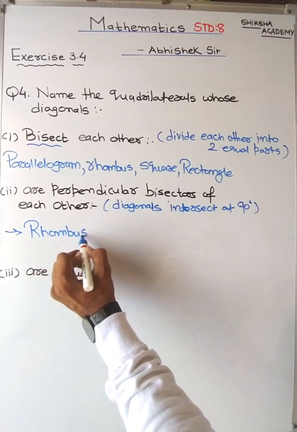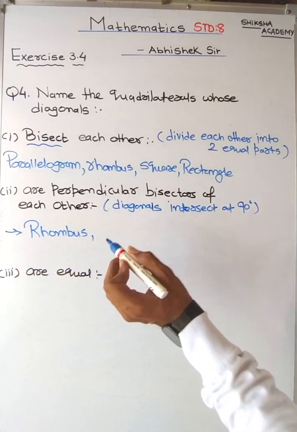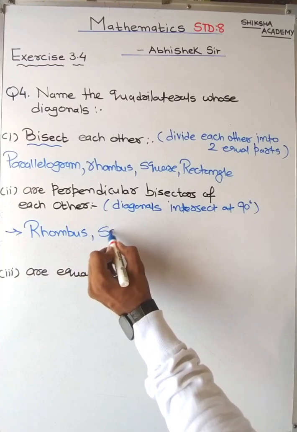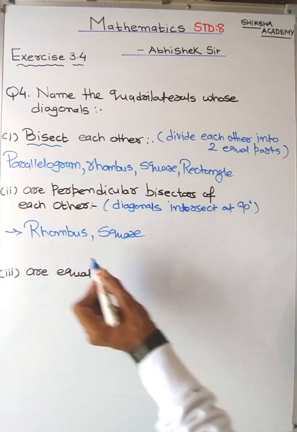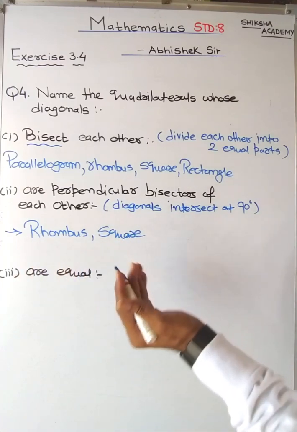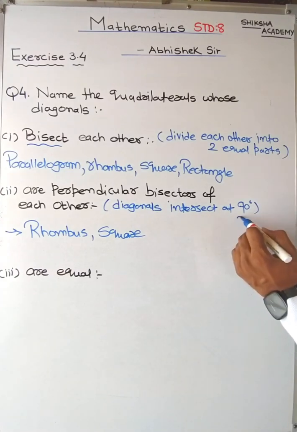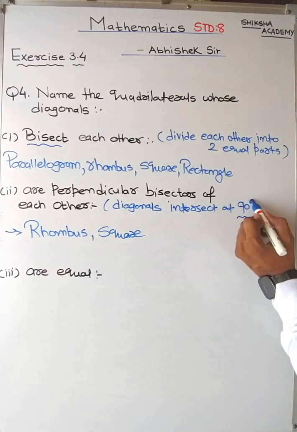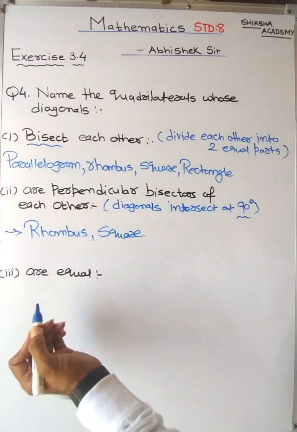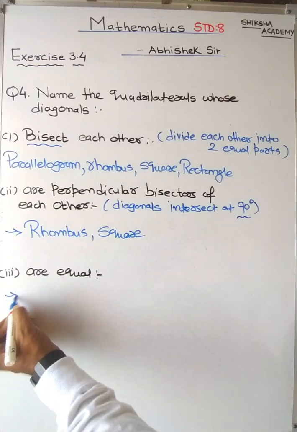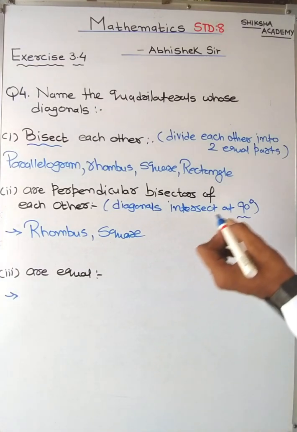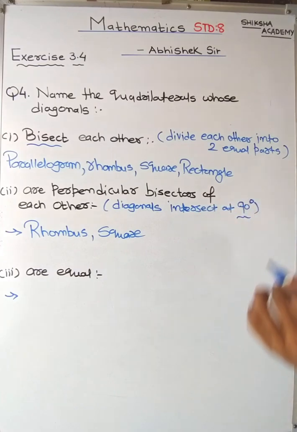If you have studied the properties of quadrilaterals very properly, you may know the answer very easily, that in rhombus and square diagonals they bisect, and they bisect at 90 degree. Hope it is visible. Now we have to name few quadrilaterals whose bisectors are equal, right?